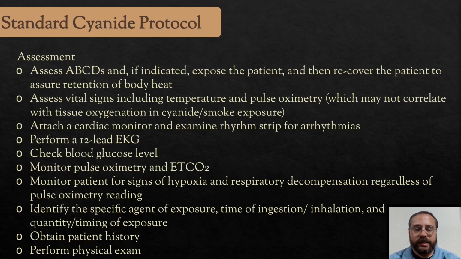Moving into the standard cyanide protocol, we're going to assess the airway, breathing, and circulation. If indicated, expose the patient, then recover the patient to assure retention of body heat. Remember that clothing can continue to cause re-exposure. That's why that's there. Assess vital signs, including temperature and pulse oximetry, which may not correlate with tissue oxygenation in cyanide and smoke exposure.